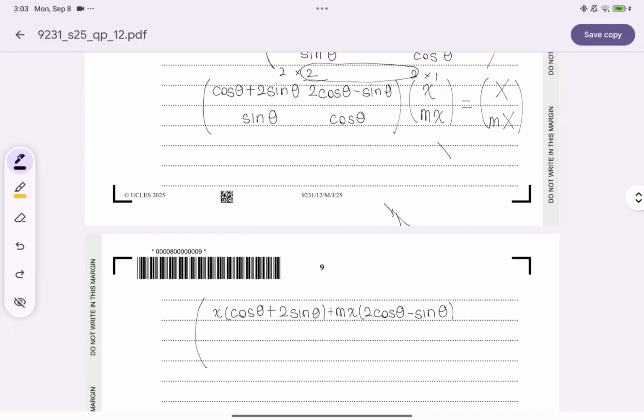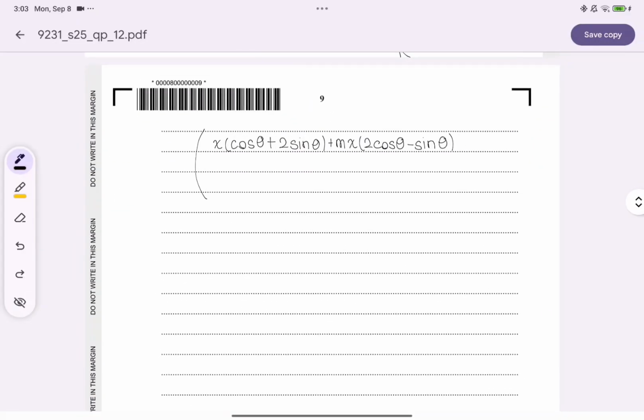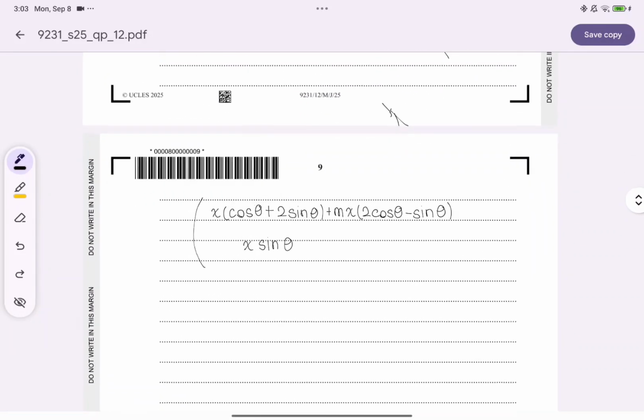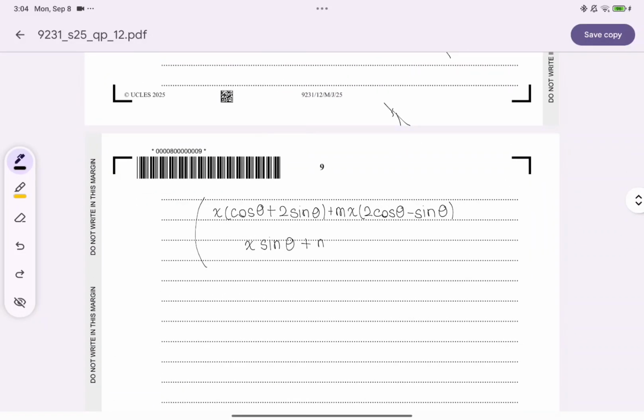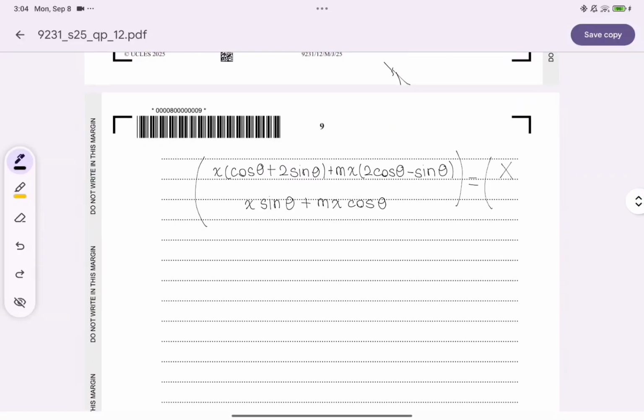And to find the second element, we multiply x times sine theta, so x sine theta plus mx cosine theta, equals x, mx.